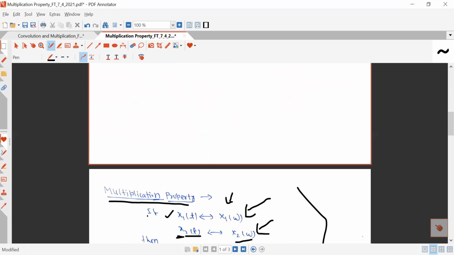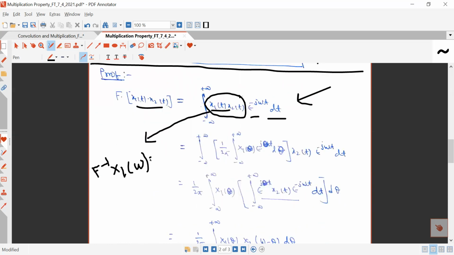So if you want to determine the Fourier inverse of X1 omega, which is x1t, then according to the definition of the Fourier inverse, this will be equal to 1 by 2 pi integral from minus infinity to plus infinity of X1 omega e to the power j omega t d omega.